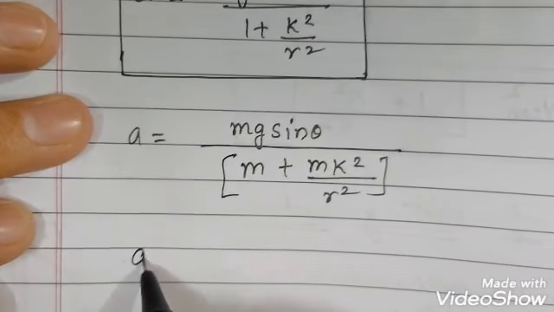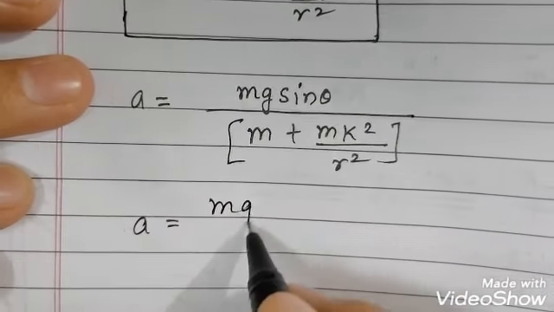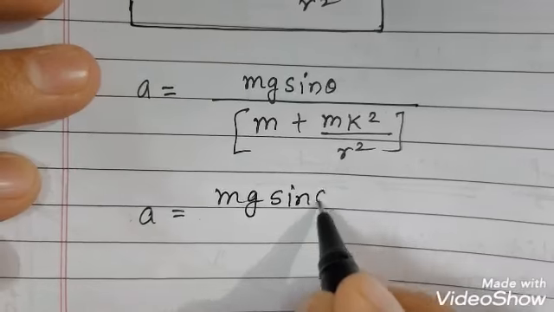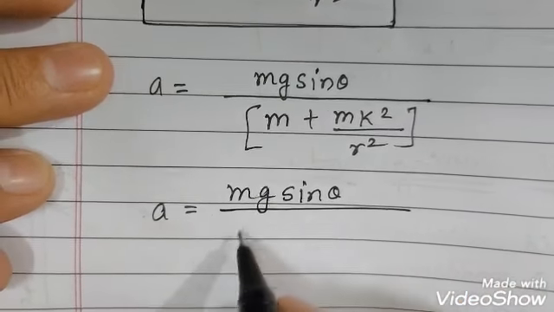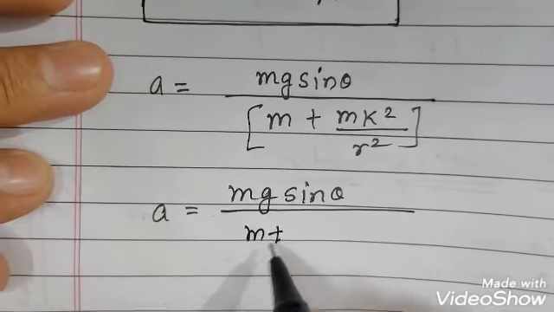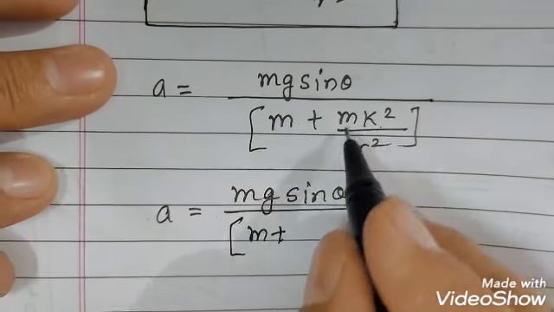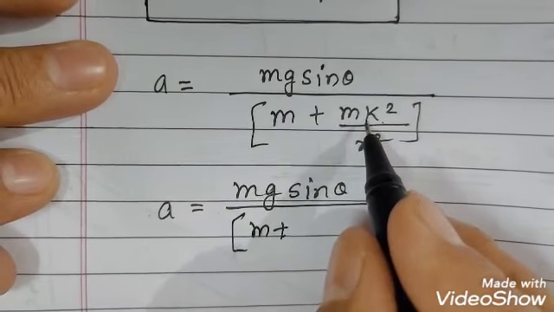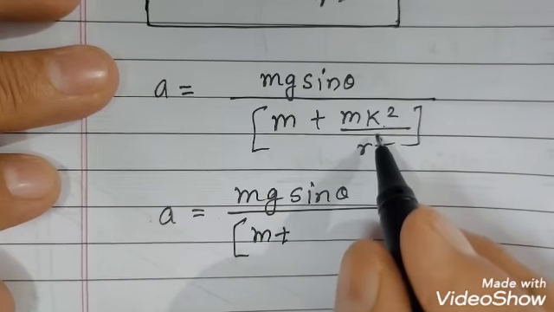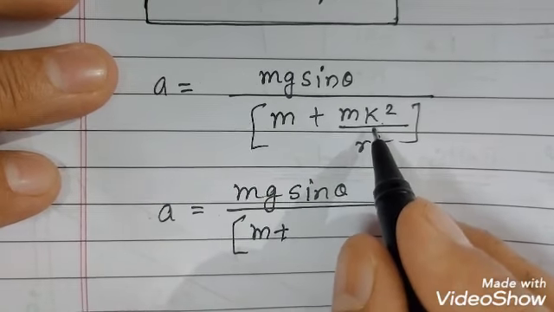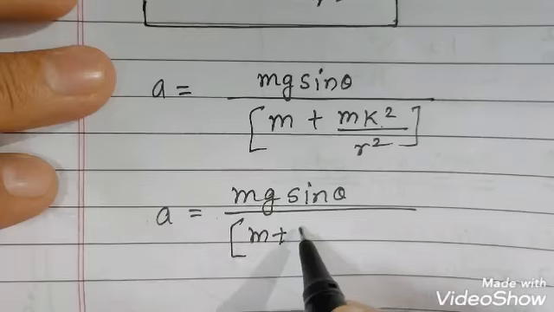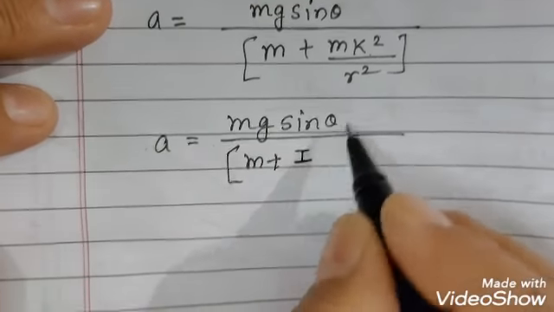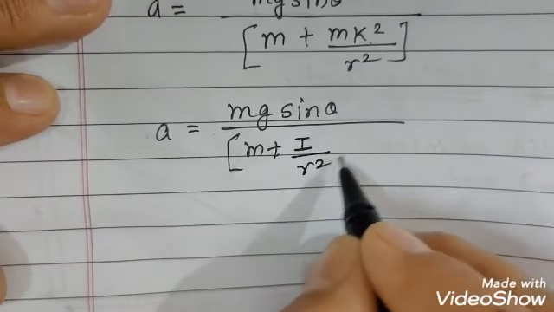Now mass multiplied by the square of the radius of gyration gives us I, so this is I upon r square.